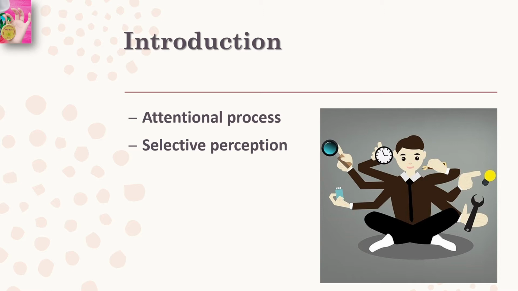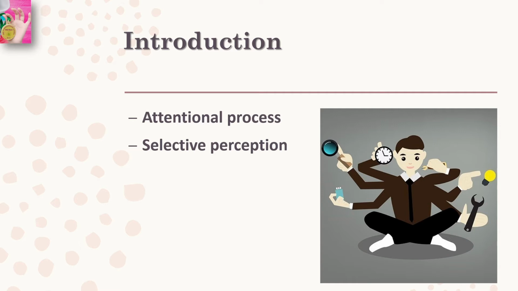Now, human beings take in and use only a small portion of the available stimuli in the environment. This refers to a mechanism that operates in selecting and processing stimuli which are of great interest and highly valuable to us for adjustment. This mechanism is called the attentional process.